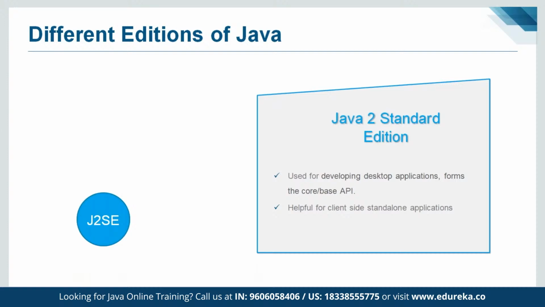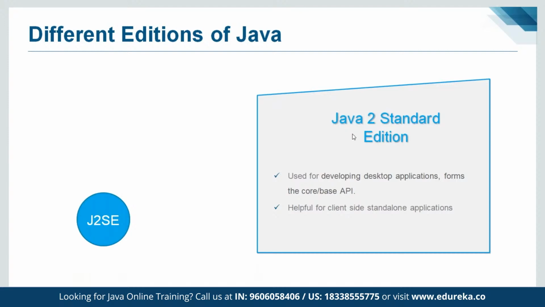That cannot be accessed from any other device. In a bank, suppose you have 10 terminals, we have to install our application in all 10 terminals, and only then will it work on each device. That's what we call a standalone or desktop application, and it is helpful for the client side.